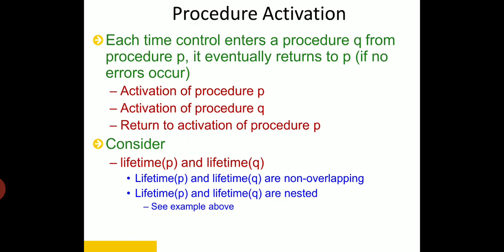After that, the activation for Q will be invoked. When the execution of Q gets over, the activation for Q will no longer be there. After the execution of P completes, the activation corresponding to P will also not be available. So activations cannot overlap, but remain nested.